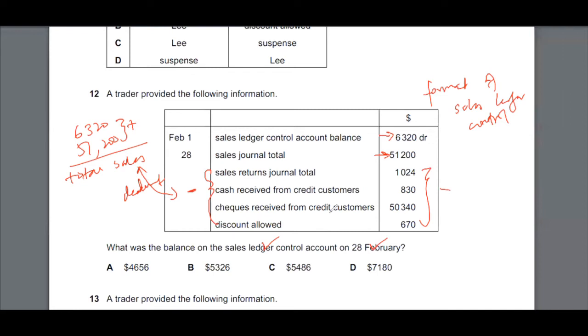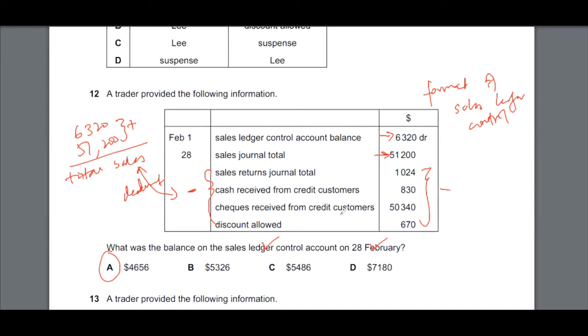Cheques received from the credit customers is again money received, which reduces the amount on the sales ledger control. And discount allowed equally reduces it as well. So the answer to multiple choice 12 is going to be option A. When you do this maths, 6320 plus 51,200 minus the sum of 1024, 830, 5340 and 670, this will give you 4656.